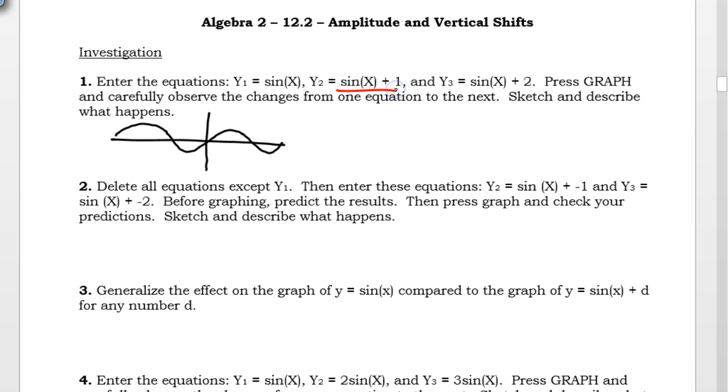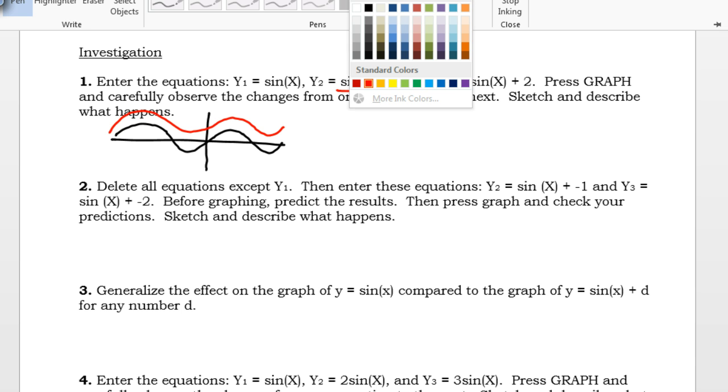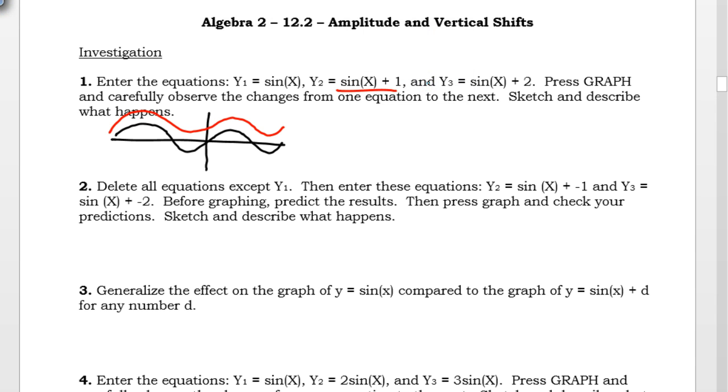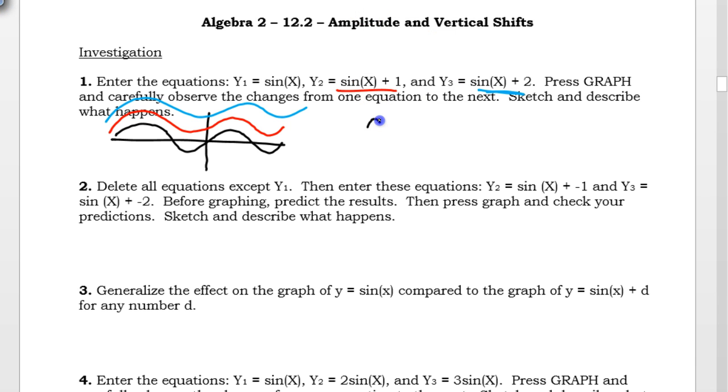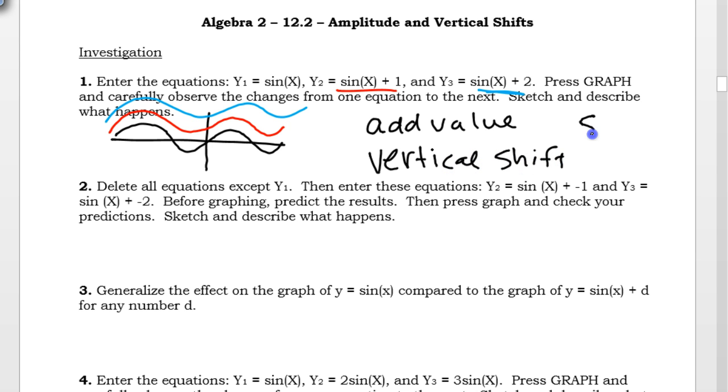Sine of x plus 1 is going to be a little bit higher. And then sine of x plus 2 is going to be even higher. When you add a value to the back, it's a vertical shift. It slides up.